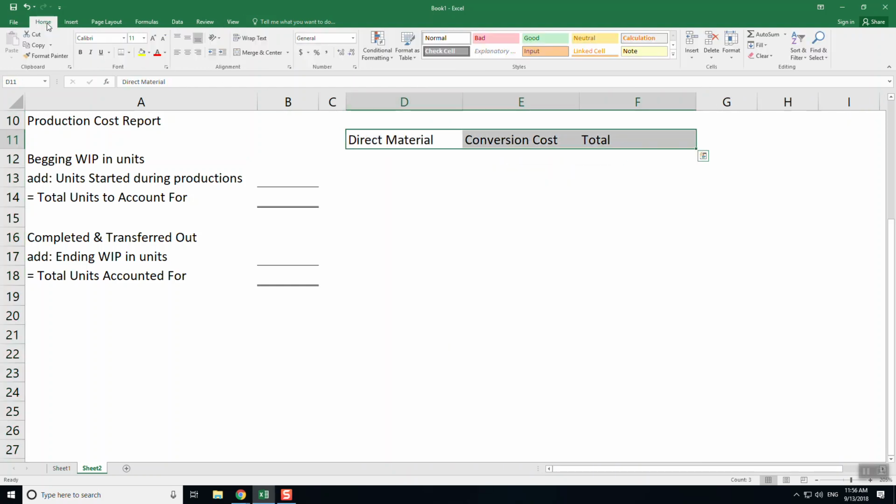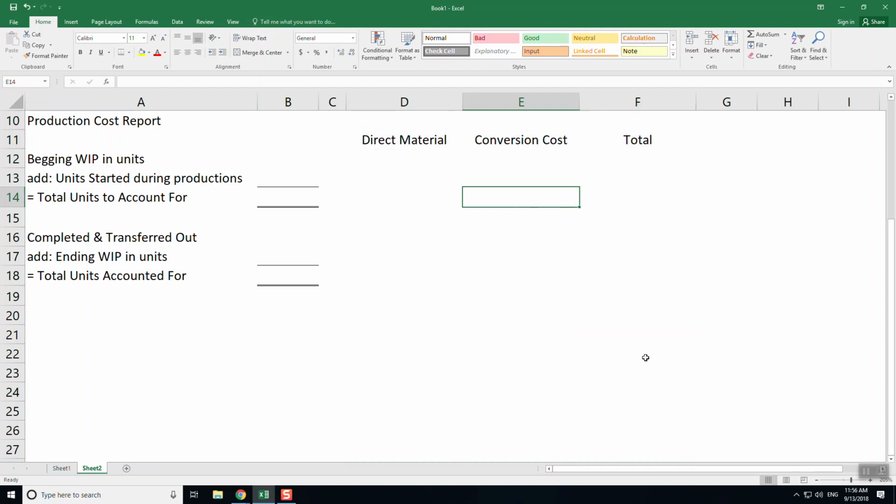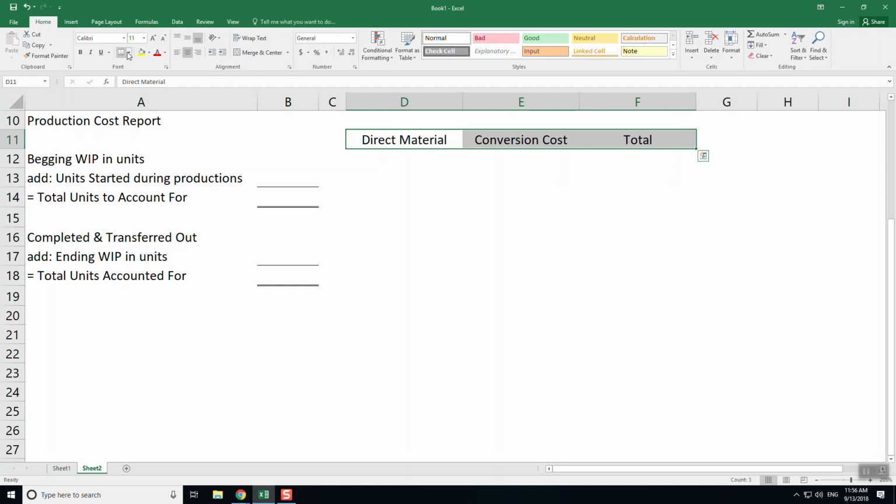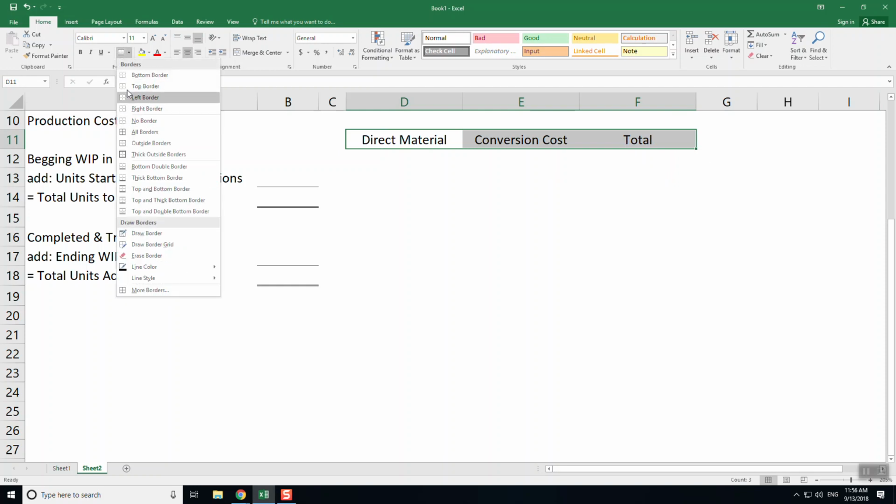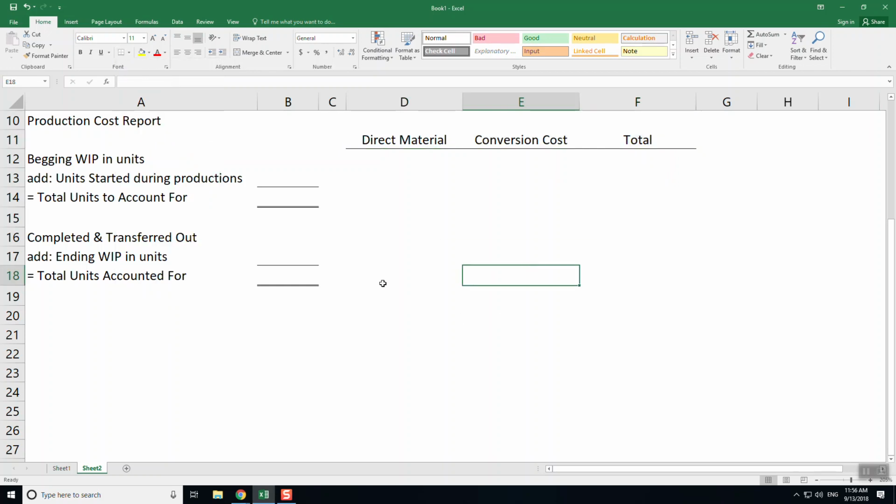Okay. So what you're doing here is focusing on figuring out the units that can be categorized in the direct material and the conversion costs columns by the percentage that they're complete.